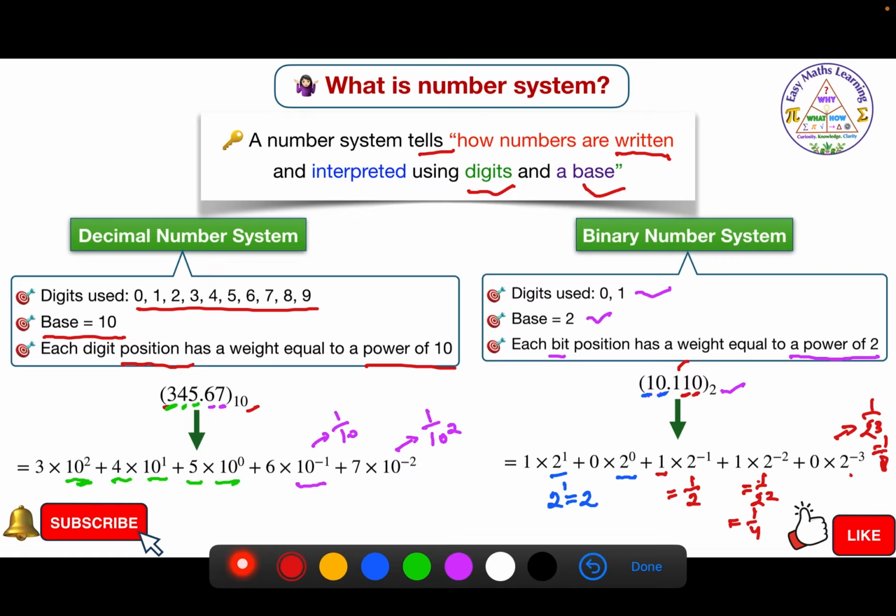So in decimal number system, we use powers of 10 for weights of digits, but in binary number system, we use powers of 2 for weight of all bits, means for all binary digits. So weight concept is the foundation of all conversions for any number system.